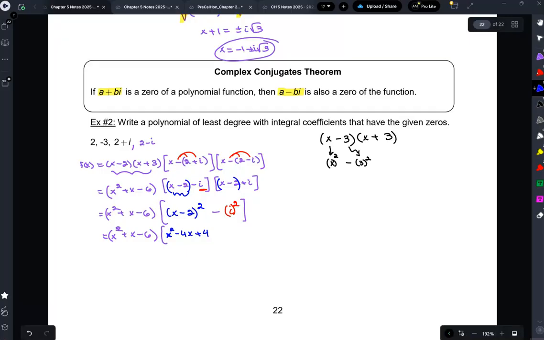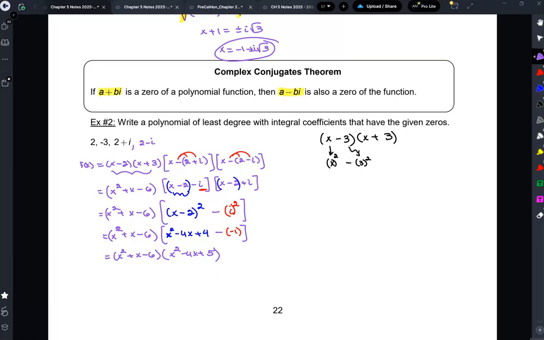Yeah? Now, minus, what's i squared? Negative 1. So this is x squared plus x minus 6, x squared minus 4x plus 5. Guess what we're going to do now? Multiply them! Okay, let's do it.